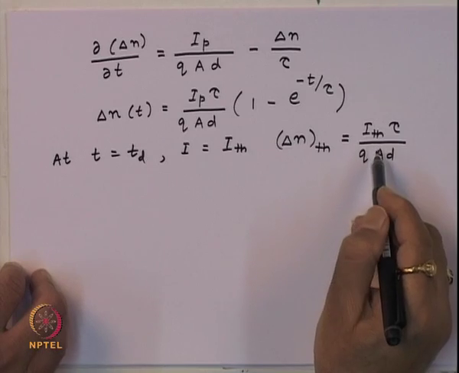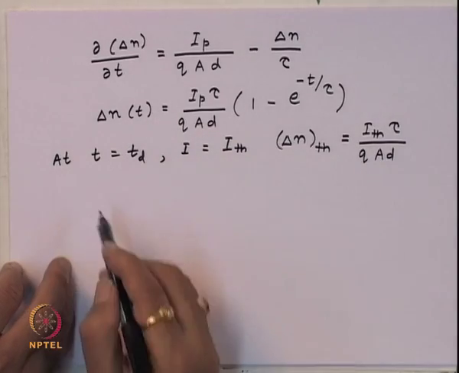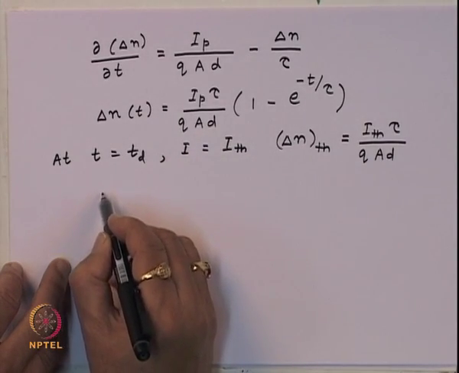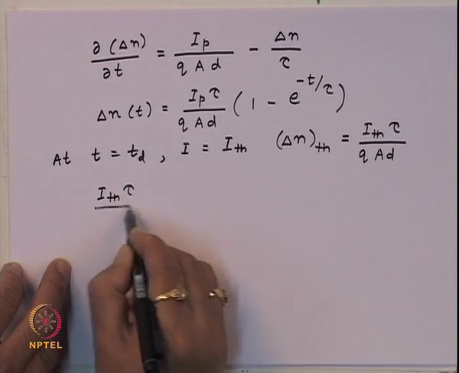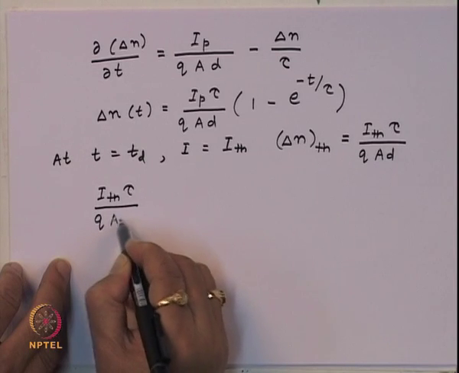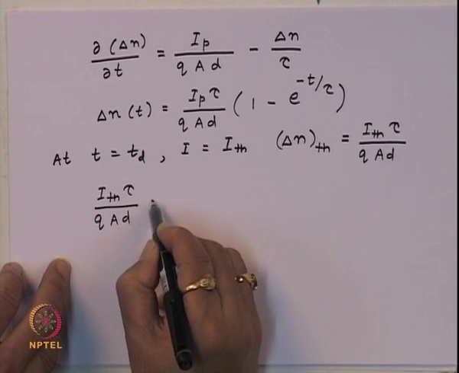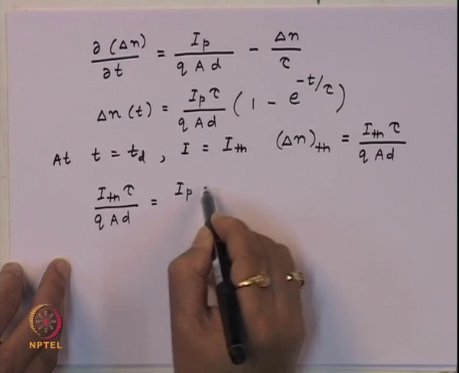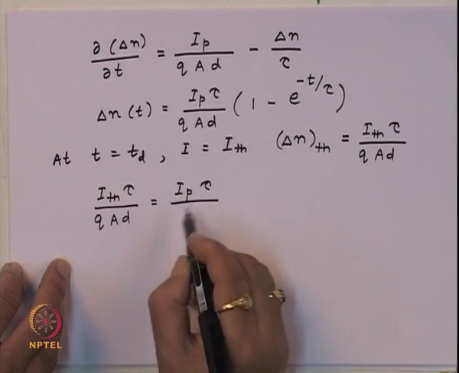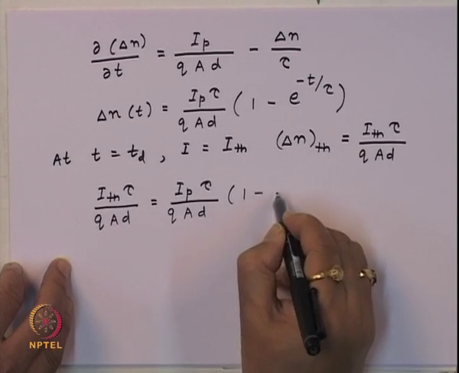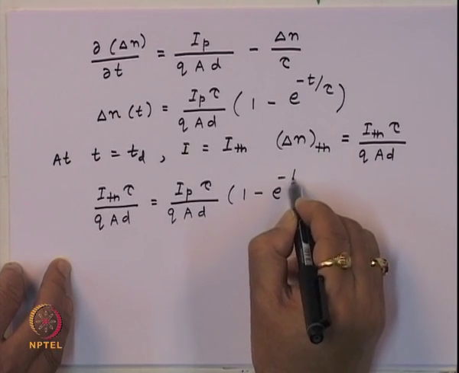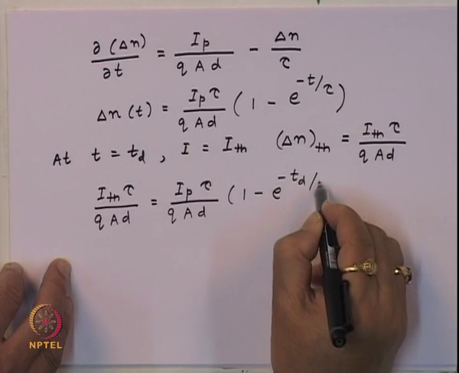Now, the problem is very simple, you can take this and substitute into this equation. So, you get I threshold tau divided by Q A d, that is equal to I p tau divided by q a d into 1 minus e to the power minus t d divided by tau.